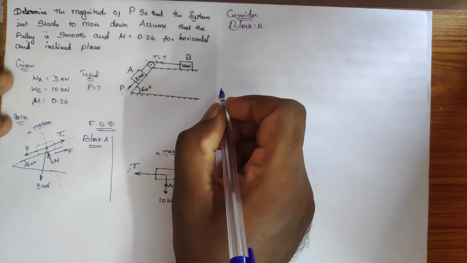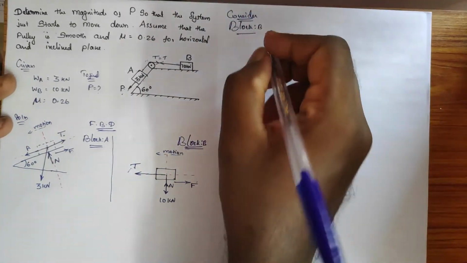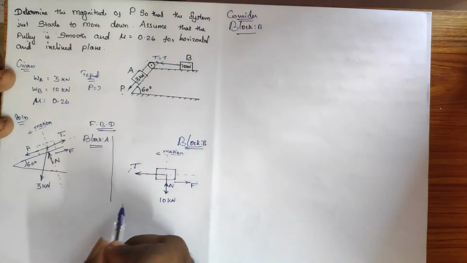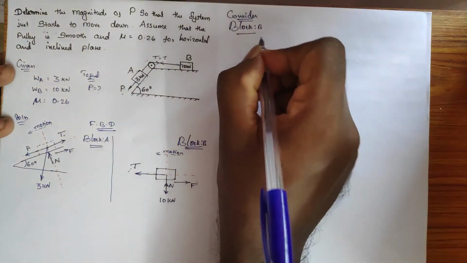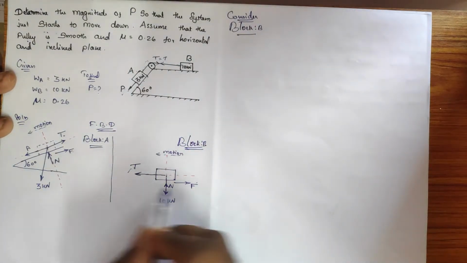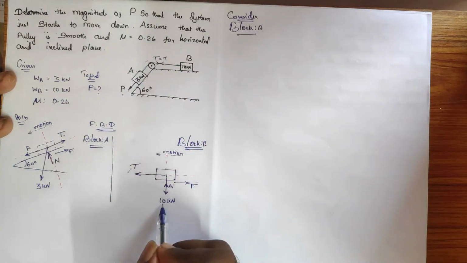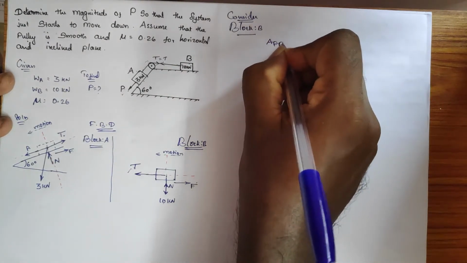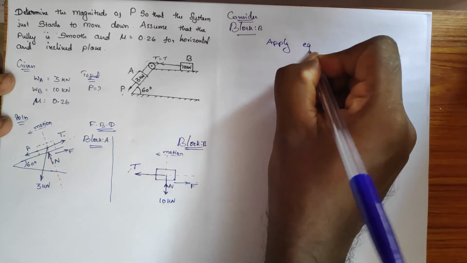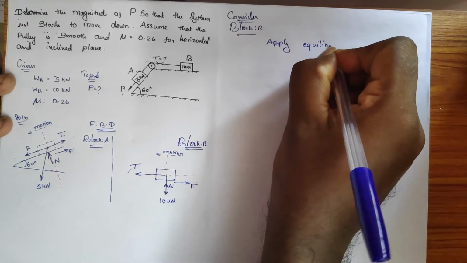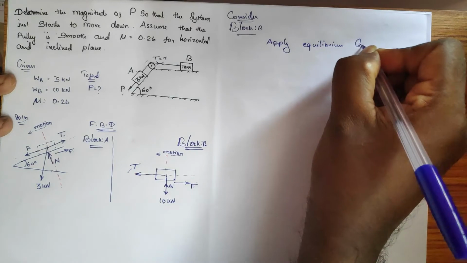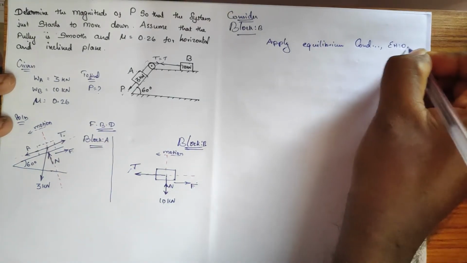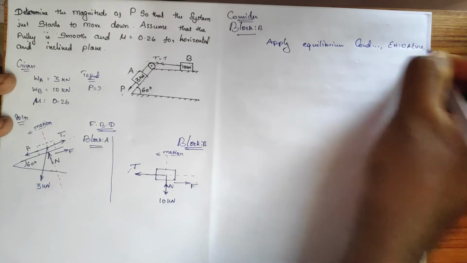Consider the block B. When you consider it, all the forces are T, tension force, friction force, normal reaction, and 10 kilonewton. So here apply equilibrium condition. When you are applying it, sum of horizontal force is equal to 0 and sum of vertical force is equal to 0.